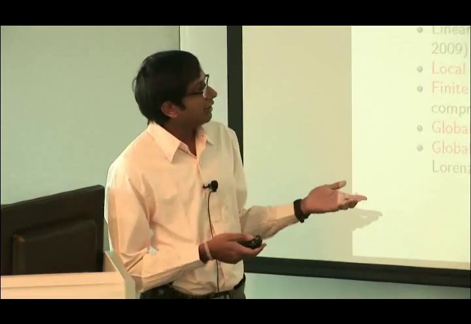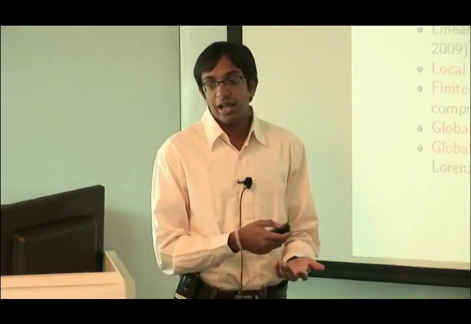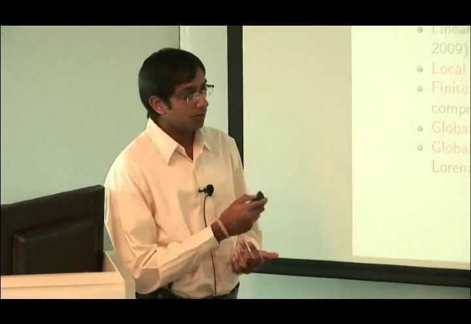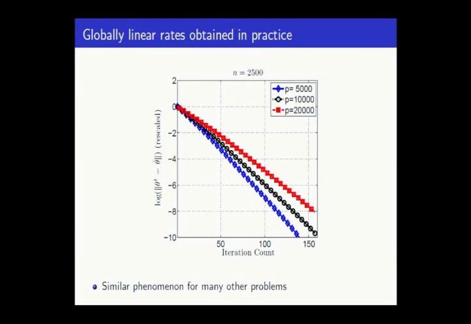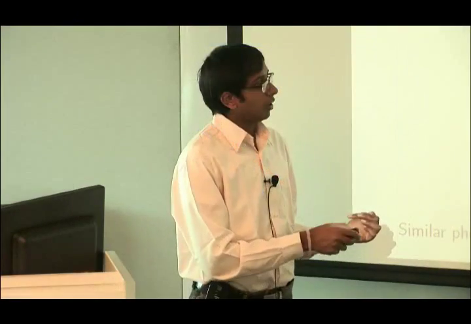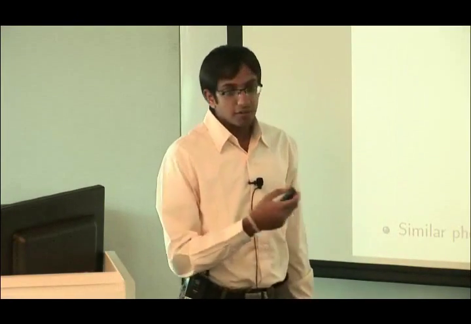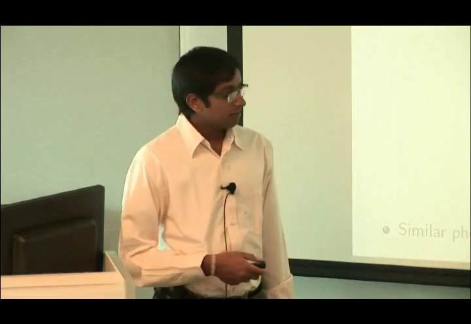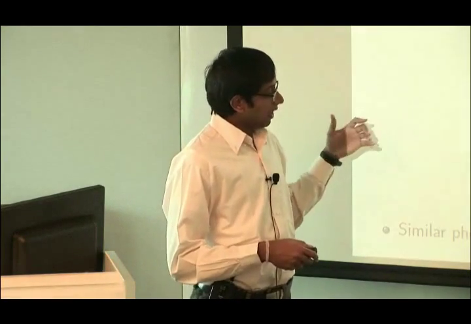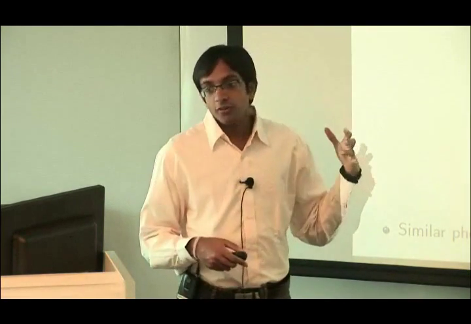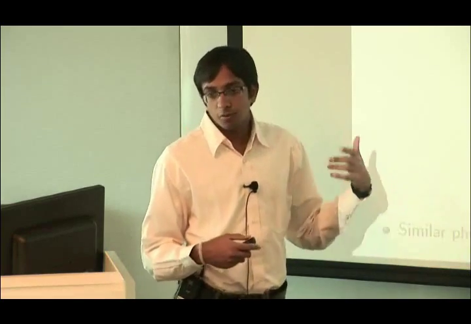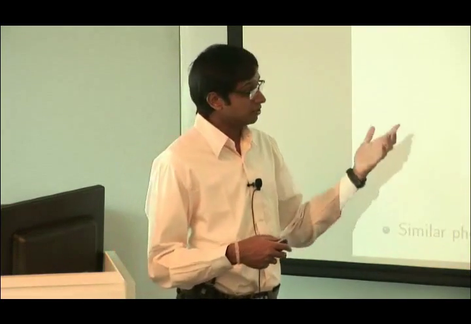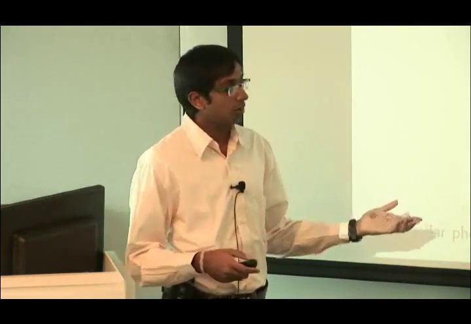So to explain why, let's first just see what the algorithm behaves like when applied to this problem. If we just run the algorithm on the problem for many different problem sizes, what we see are linear rates of convergence. And let me remark that this phenomenon holds not just for sparse linear regression, but for many other structured problems in high dimensions, for instance things like various low rank problems and so on.